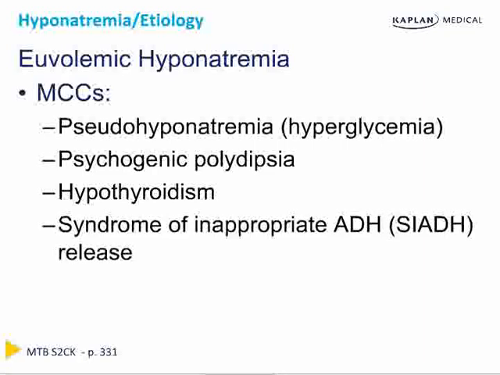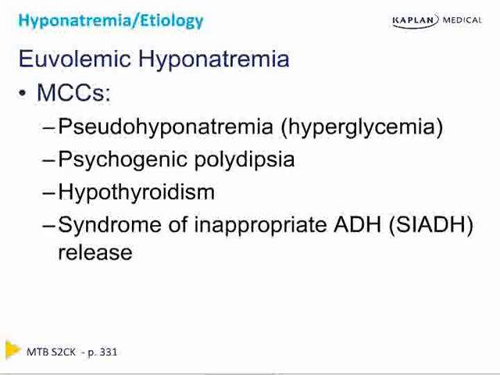And finally, any condition leading to the syndrome of inappropriate ADH secretion can cause euvolemic hyponatremia. In general, any brain disease or lung disease can cause SIADH. Also, certain drugs are associated with SIADH as well.